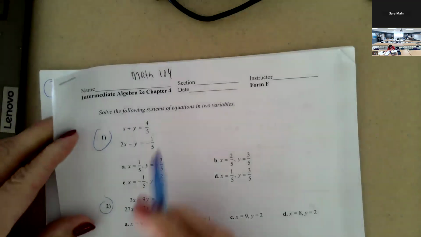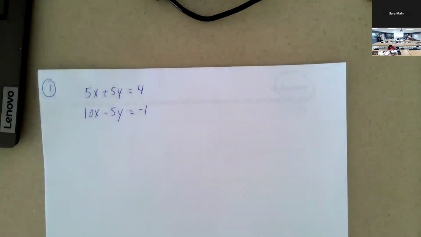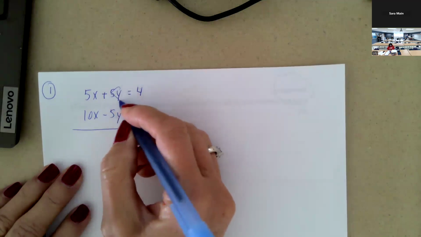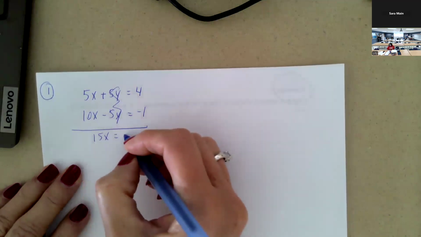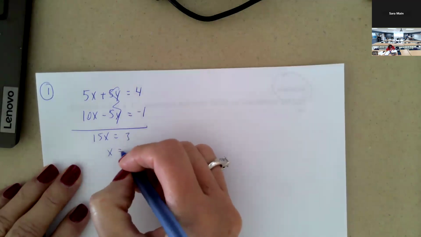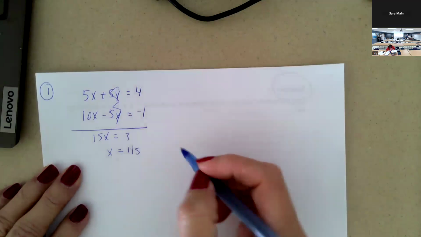That's just by multiplying both through by 5 because the fraction denominators are 5. The cool thing is that the y's automatically eliminate, and then I have 15x equals 3. When I divide by 15, we get 1/5 as x.